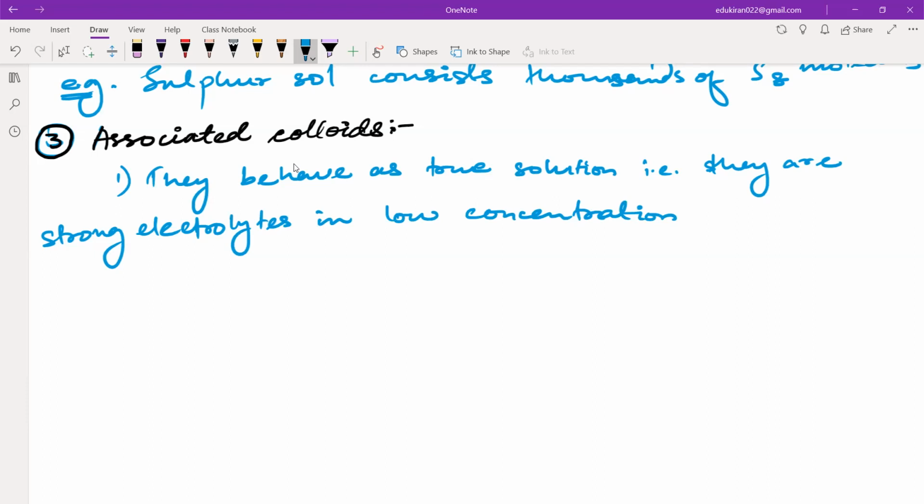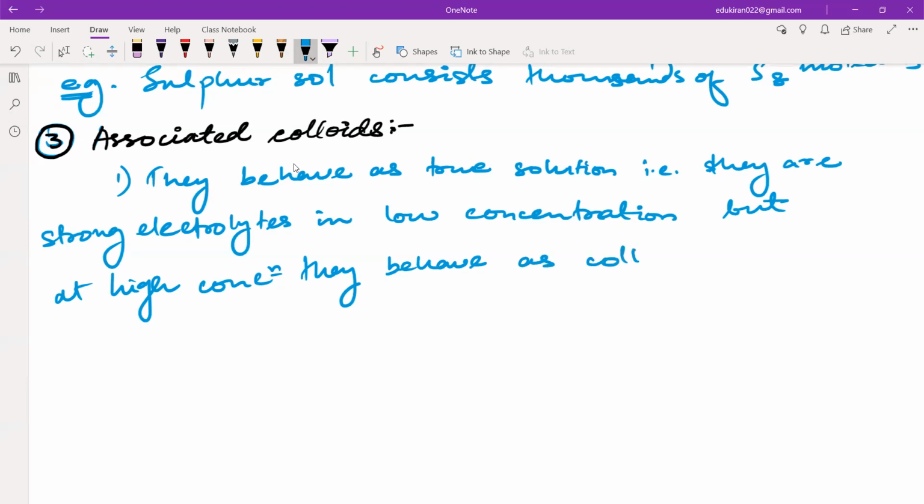But at high concentration, they behave as a colloidal solution.